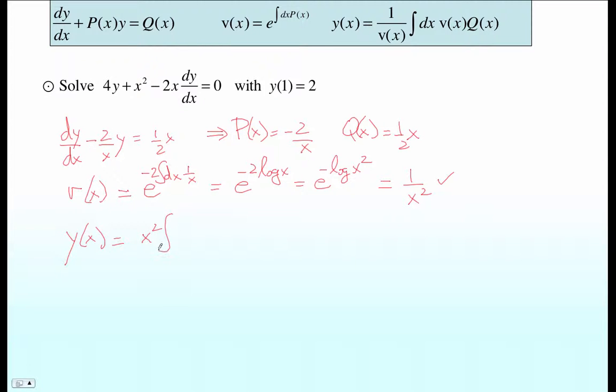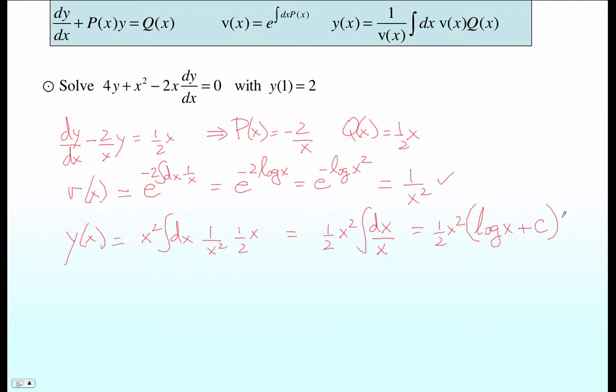And then we need to do this integral, so 1 over x squared, and q of x is half x, so that's half x here, and that makes it half x squared times the integral of dx over x, and that makes it half x squared times log of x plus a constant.